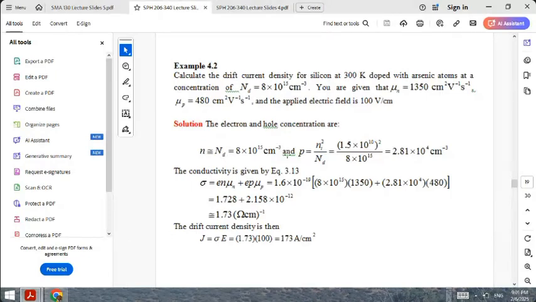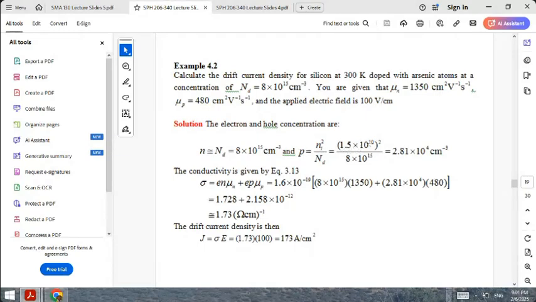Therefore, we can say n, small n, is approximately equal to Nd, which we have been given. And p, we get it from the mass action law, which is the intrinsic carrier concentration squared divided by the donor concentration.